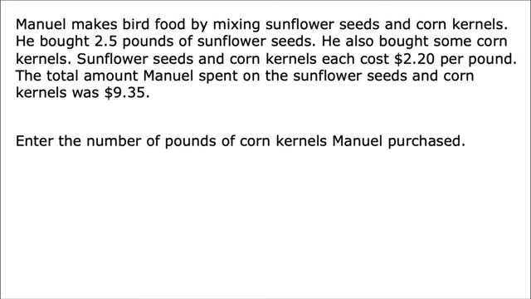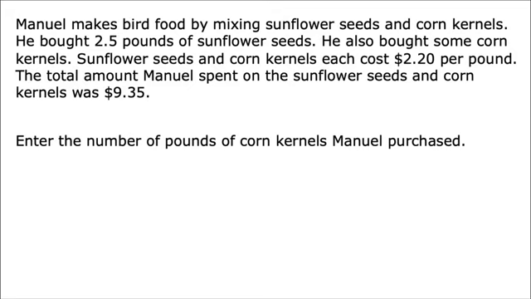And here is the next problem. Manuel makes bird food by mixing sunflower seeds and corn kernels. He bought 2.5 pounds of sunflower seeds. He also bought some corn kernels.